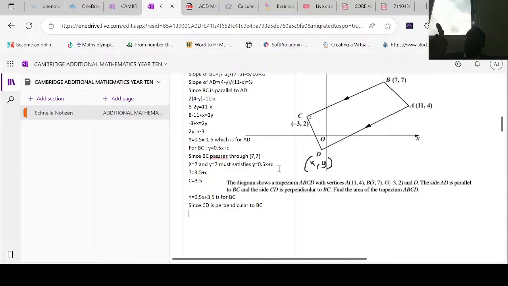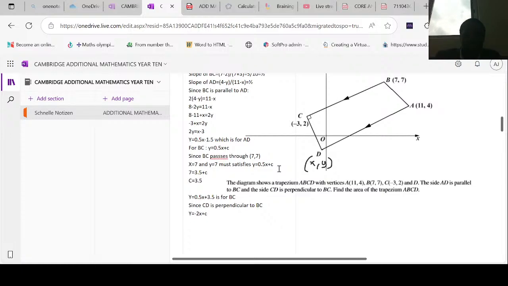That means the gradient of CD will now be, turn it upside down, 2 over 1, with a minus, that will be negative 2. So that means y will be negative 2x plus c. We don't know what c is. c is the intercept on the y-axis, which of course is going to be a negative intercept, although it doesn't meet yet, because of the way that line is. I told you the difference between a line and a line segment. Those are line segments, but a line is infinite.